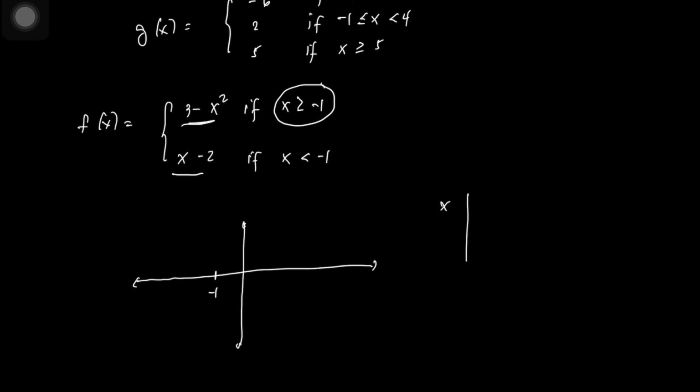So when x is -1, our f of x, which is 3 minus x squared, is 3 minus -1 squared, that is 3 minus 1, that's 2. So this point here is -1, 2.